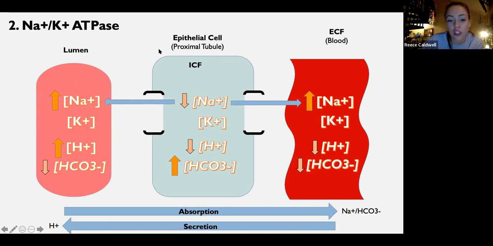We move against our concentration gradients. So we drew out our arrows moving against our concentration gradients, and we get energy from potassium moving in that opposing direction through that sodium potassium ATPase subunit.